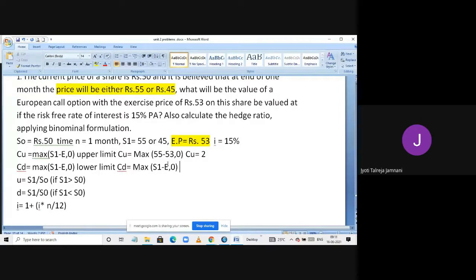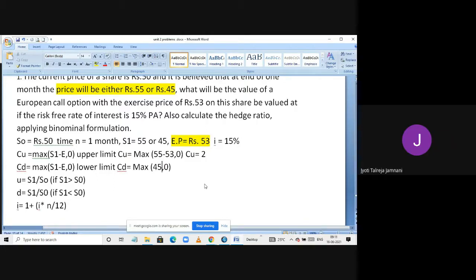Okay, the formula is written there already, so I'll just solve it here. S1 minus E or 0. Here S1 will be the lower limit because CD, D means down, U means up, like that you remember. Which is the lower value, 55 or 45? 45.